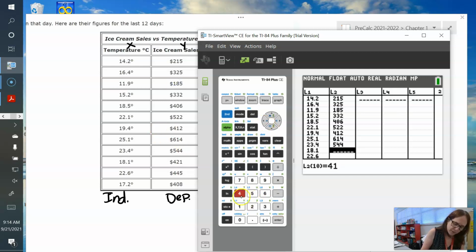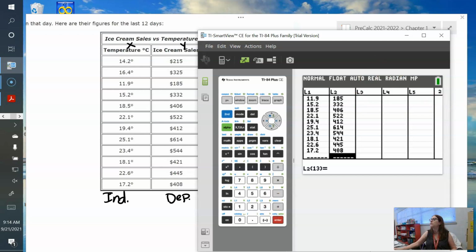If you make a mistake, just hit the clear button and then you can fix it. 445, 408. Alright, so now I've got both my X and my Y in there.